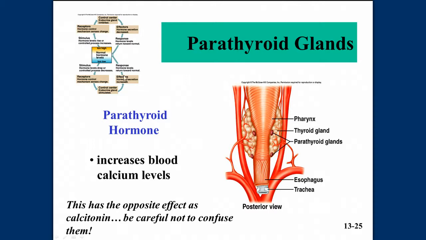And again, you can use that figure 8 model again to compare calcitonin and parathyroid hormone to increase or decrease the calcium levels in the blood. It all has to do with calcium levels in the blood.